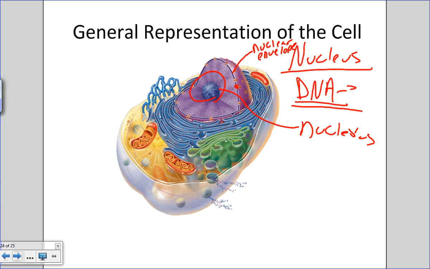Next, you'll notice that there are pores that we call nuclear pores. Those nuclear pores are very important as well. So the nucleus has a couple of different parts, and these parts serve various purposes.